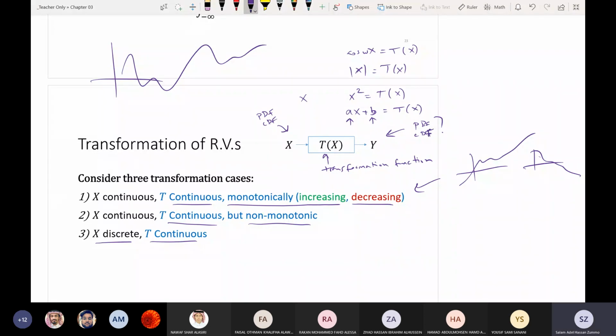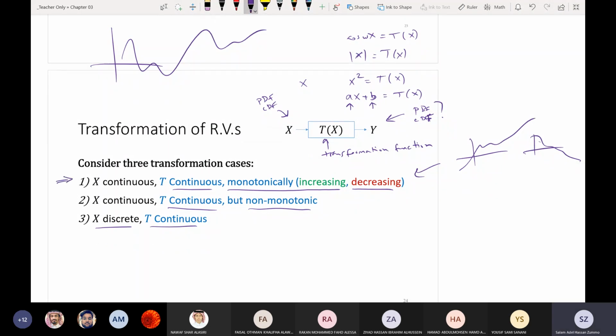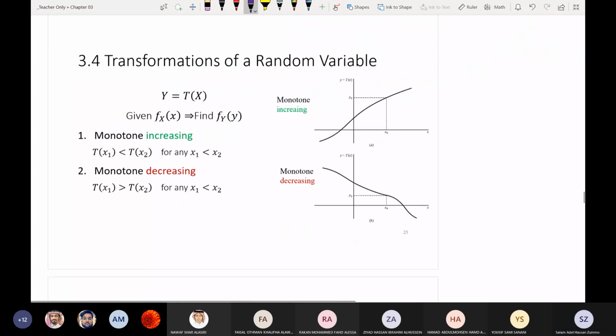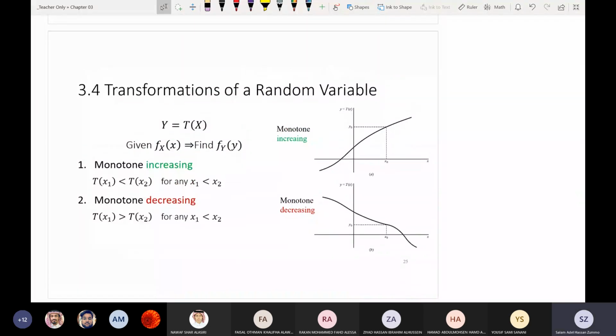So, let's go with the first case. When you have X as a continuous random variable and the function is either monotonically increasing or decreasing. Monotonically increasing function, a function that goes up, like here. So as X increases, Y increases.